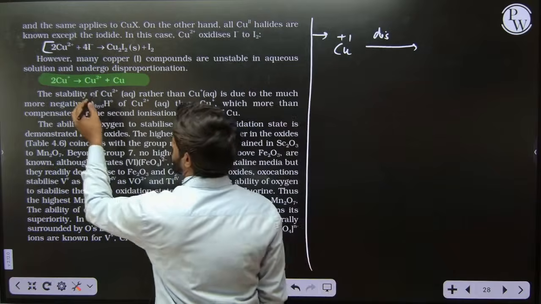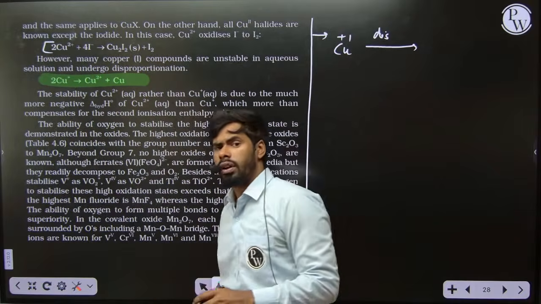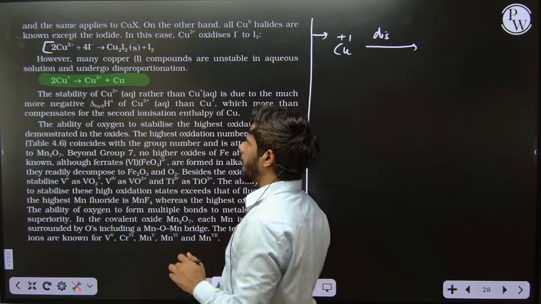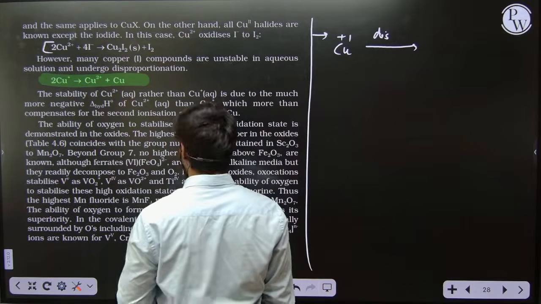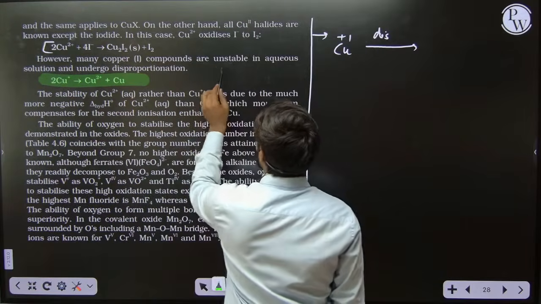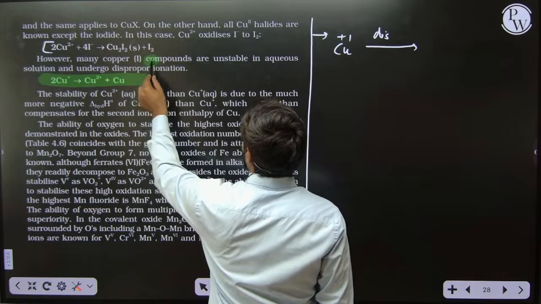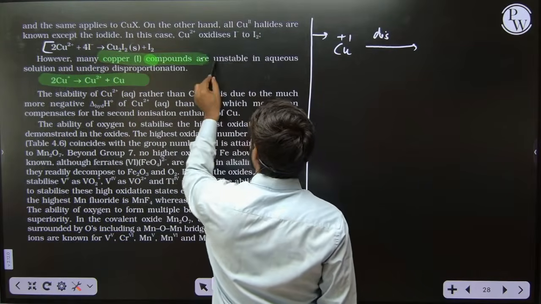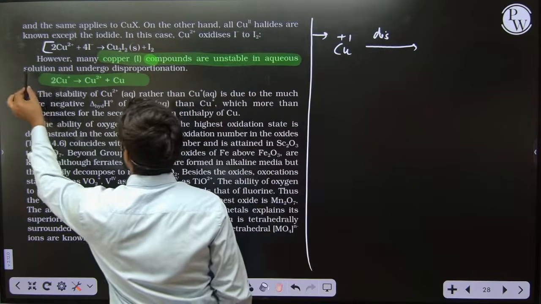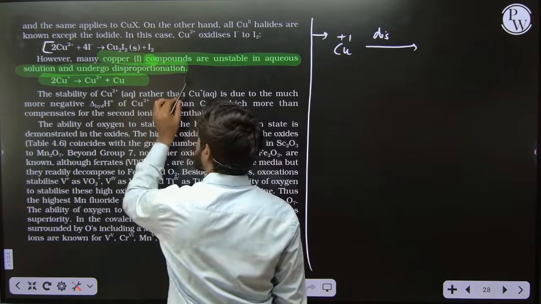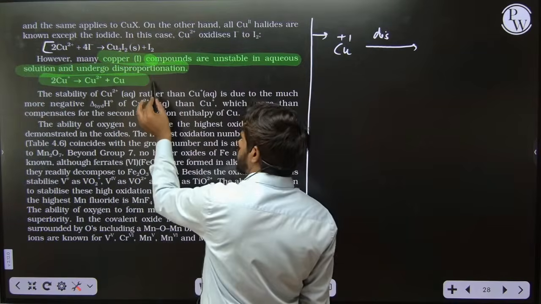Since Cu2+ is more stable than Cu+, it will get disproportionated in the aqueous medium. Okay, so this is very important. Since Cu+ compounds are unstable in aqueous solution, they will undergo the disproportionation reaction like this.